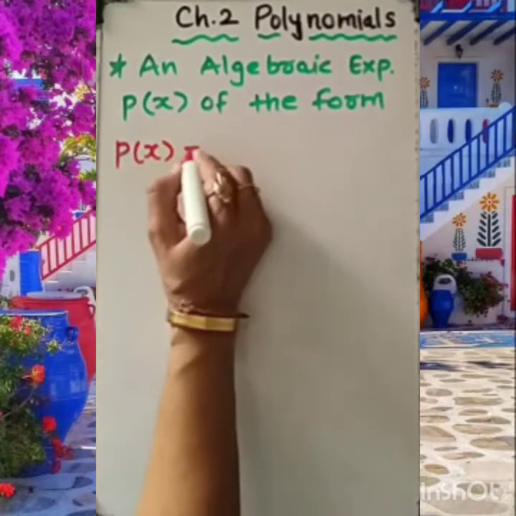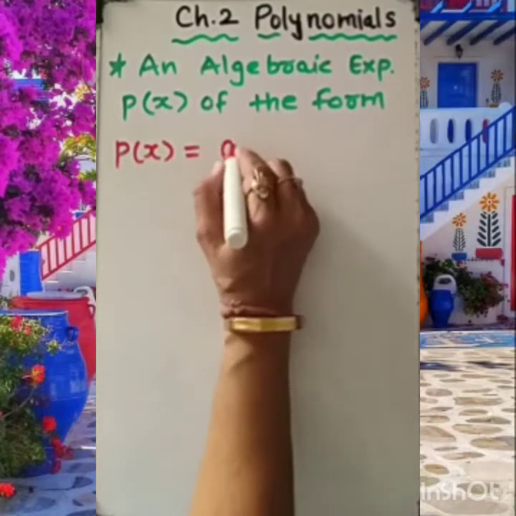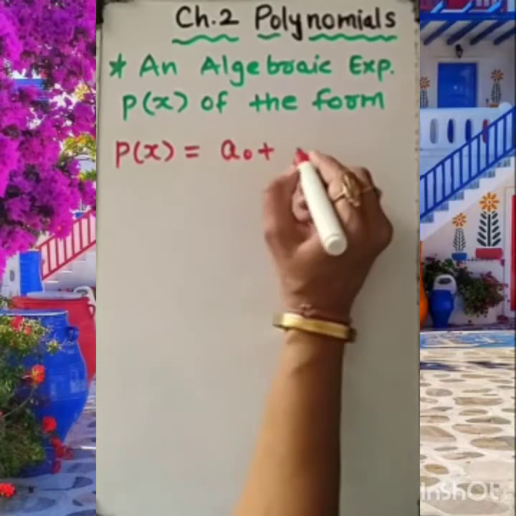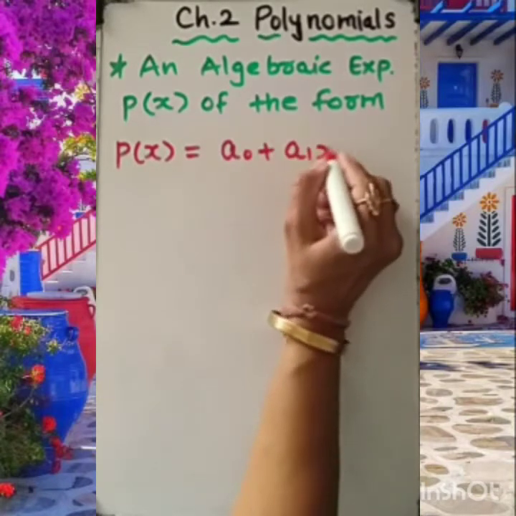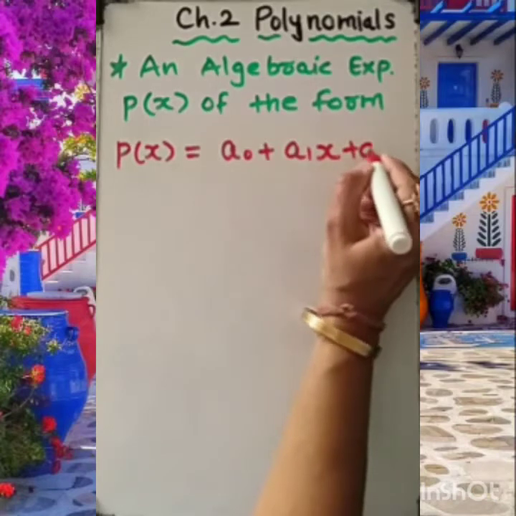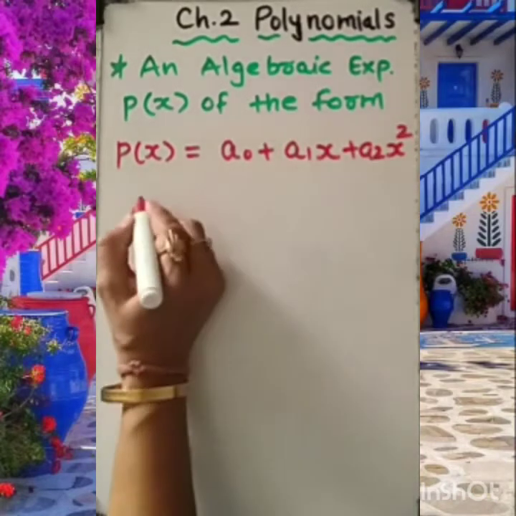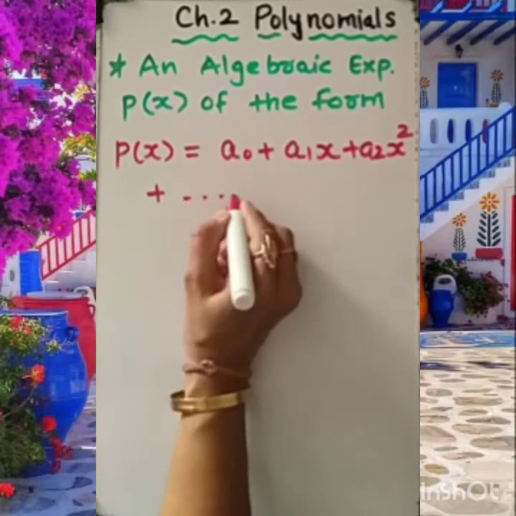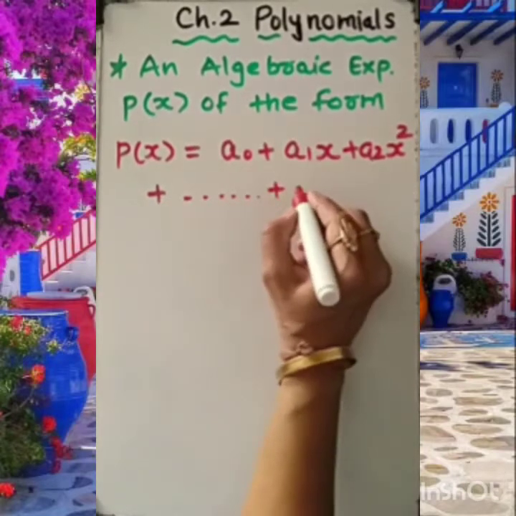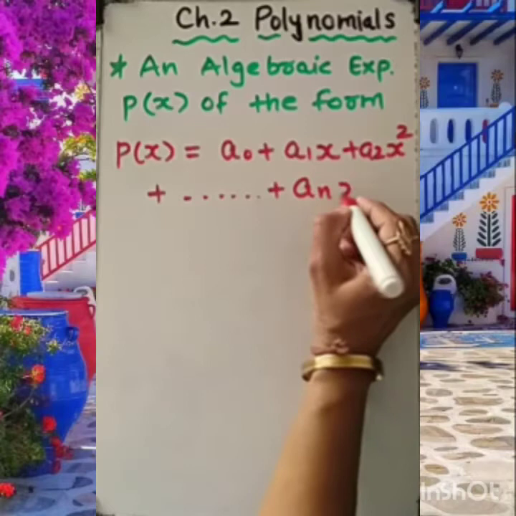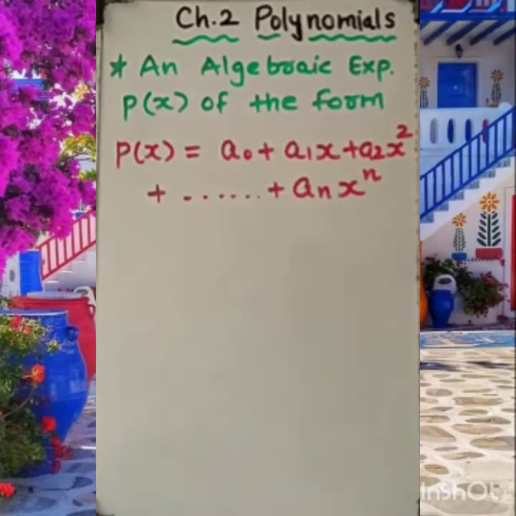By P(x), its general form is a0 plus a1 x plus a2 x squared plus so on plus an x to the power n. Okay, I am going to explain what is in this polynomial.